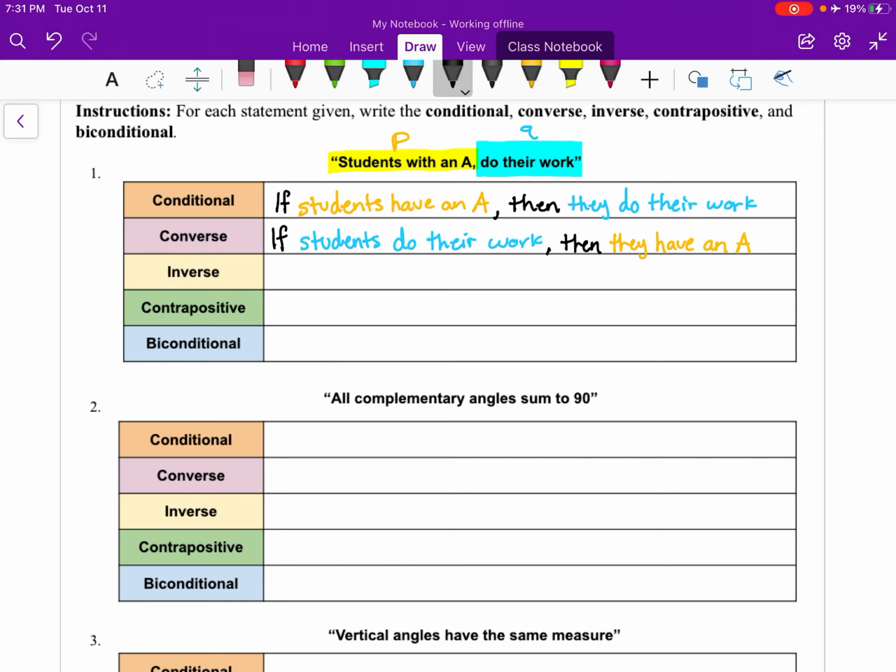Now let's move on to the inverse. The inverse is going to take our original statement and negate it.